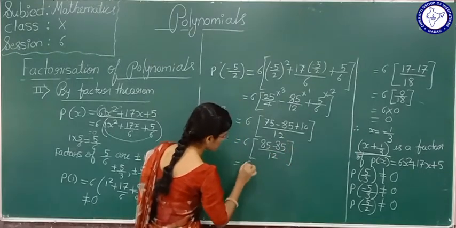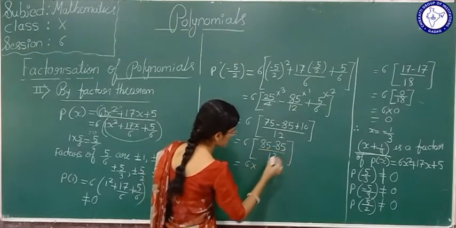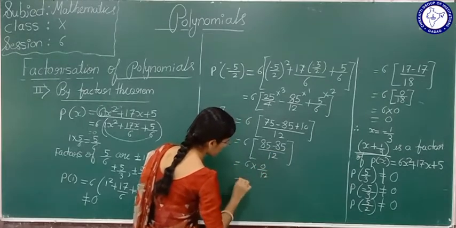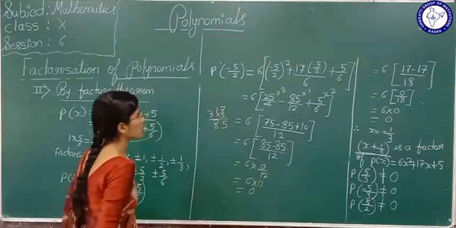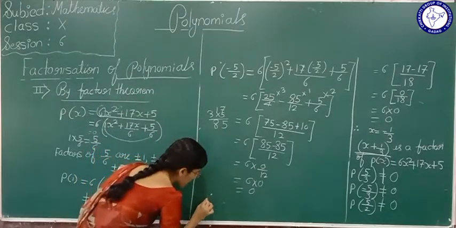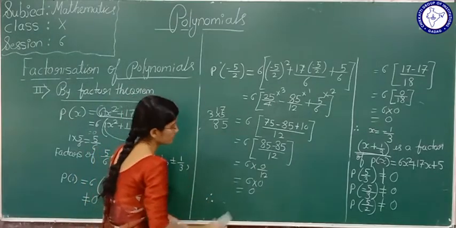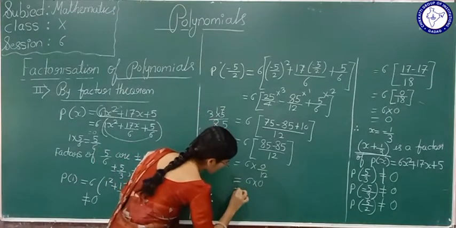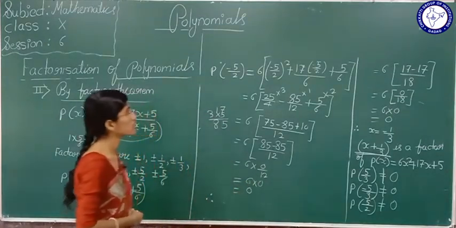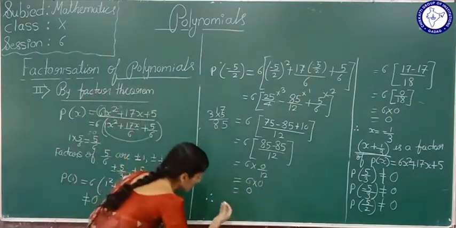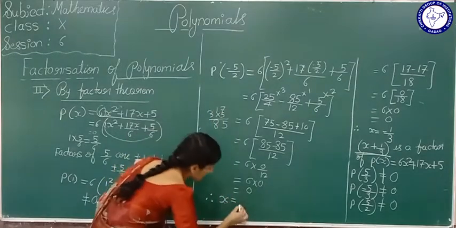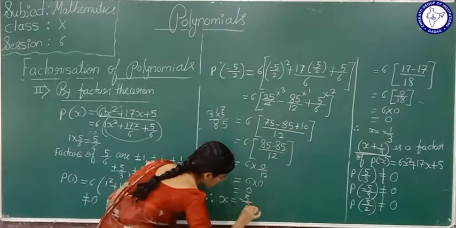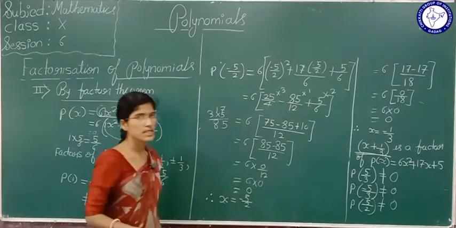Here 85 minus 85 is 0. 0 by 12, 6 into 0 is 0. So therefore what can we tell here? At x is equal to minus 5 by 2 we got 0.